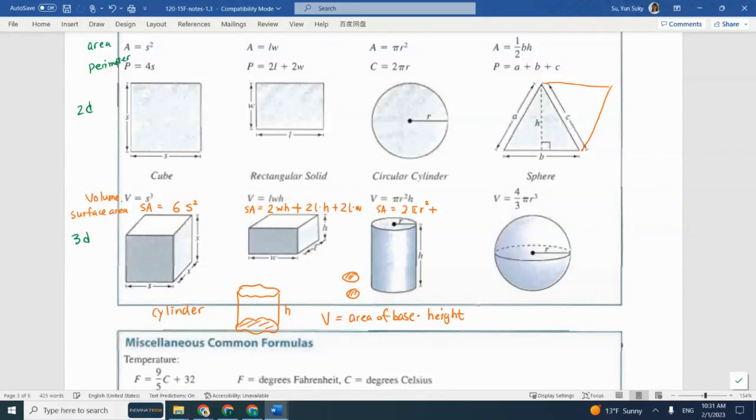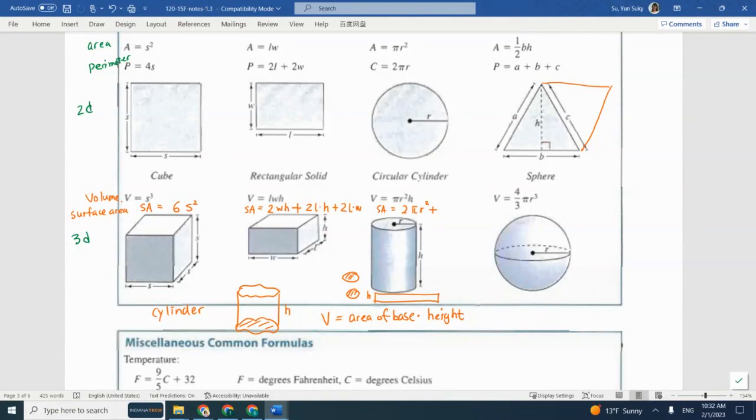And then how about this side? You cut it and open it up. Do you see you get a rectangle? Imagine your can, right? You cut it and open it up. It's a rectangle where the width is the height, and the length is the circumference of the circle.